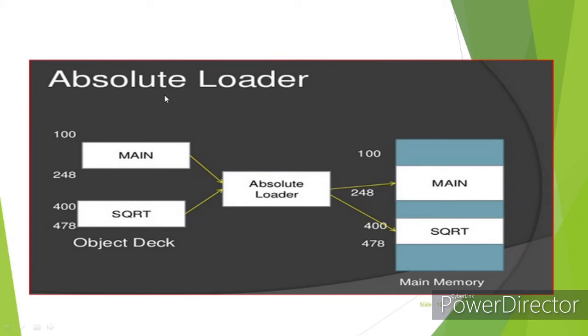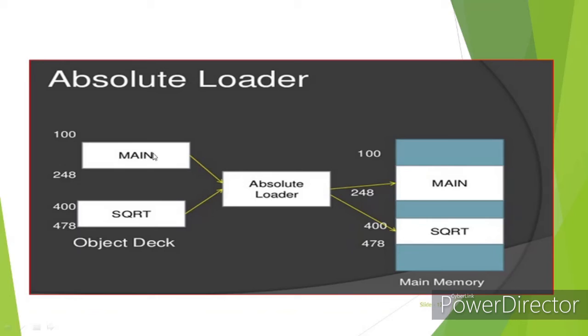The next type of loader is the absolute loader. In the absolute loading scheme, as you can see here, this is the main program and this is the square routine. The memory locations for the main program start at 100 and end at 248, and the square routine starts at 400 and ends at 478.